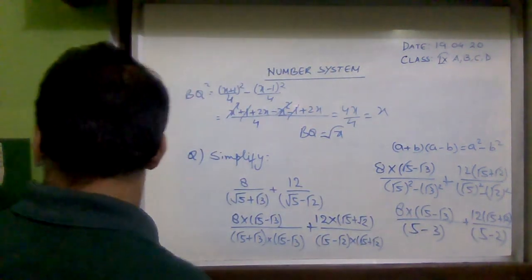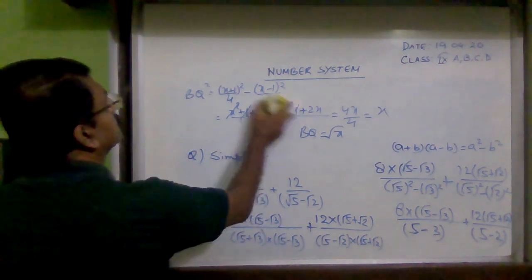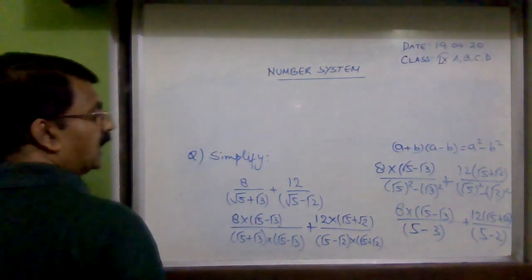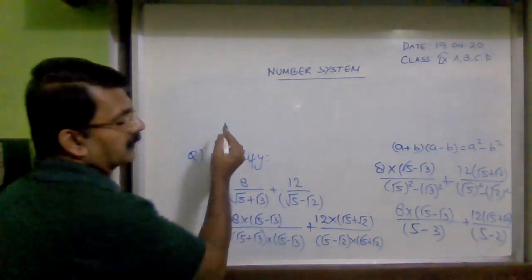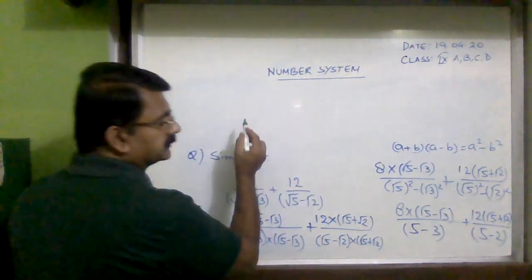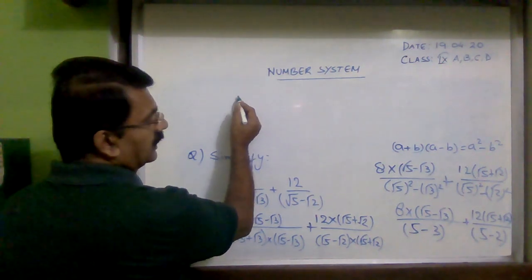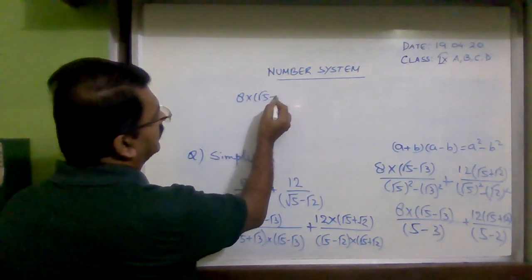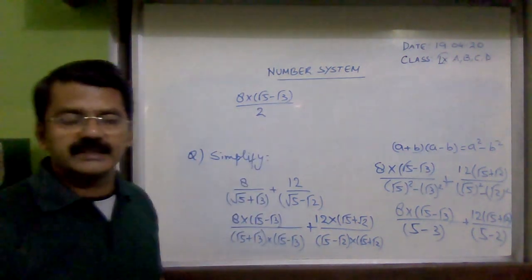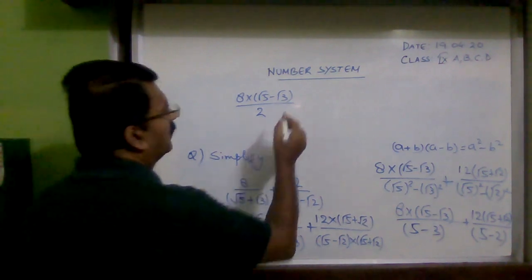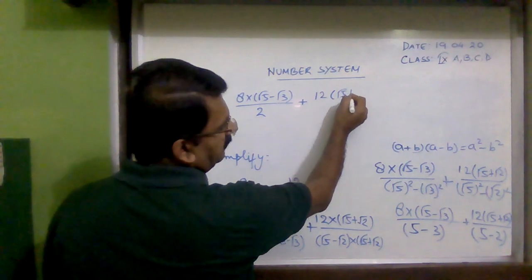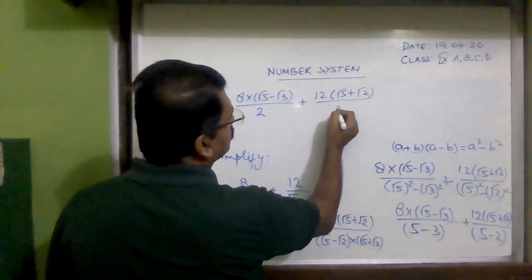Now 8 into root 5 minus root 3 upon 5 minus 3 will be 2. 5 minus 3 is 2 plus 12 into root 5 plus root 2 upon 5 minus 2 is 3.